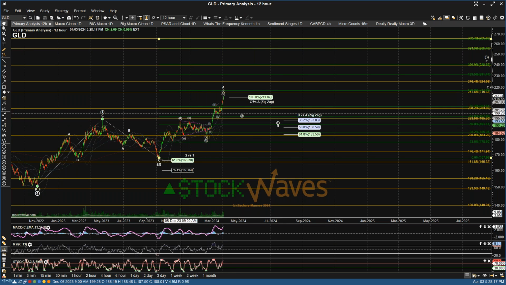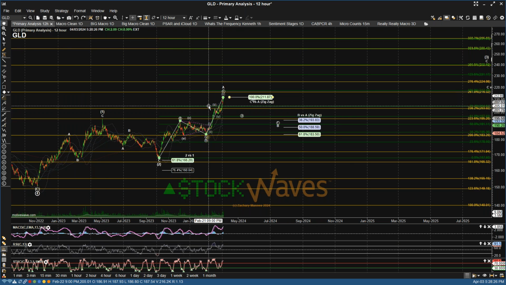But we do need to see something at least relative in size to the consolidation that we got back here in December to February as this B wave, and it should be a little bit larger than that, at least in terms of time.